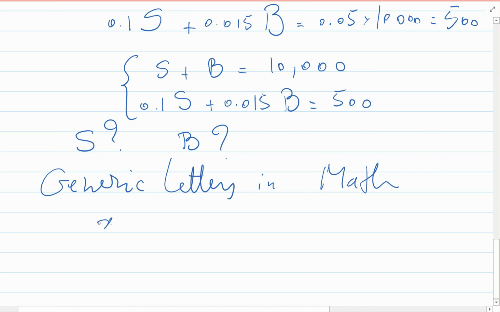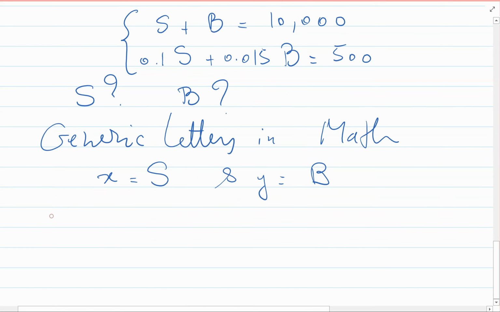X when you have one unknown, but if you have more than one, we get X, Y, Z, etc. In this case, we're going to use X and Y. So we put x equal to S and y equal to B. My system becomes x plus y equals 10,000 and 0.1 x plus 0.015 y equals 500.